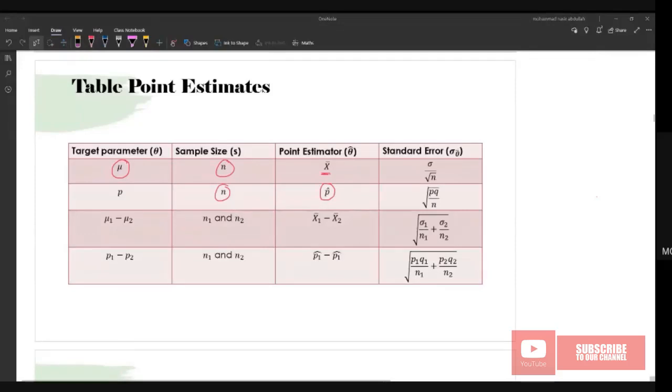The third and fourth rows are for two populations: the target parameter is mu1 minus mu2, and the point estimator is x bar 1 minus x bar 2. You already looked at this in QMT 161, I think.